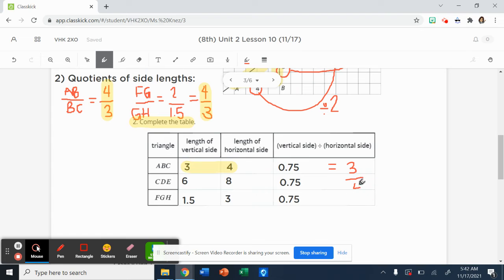The reciprocal is when we flip the numerator and the denominator of 4/3. 3/4, 4/3. It's just the reciprocal, which makes sense because we just divided in the other order, right? We divided length of vertical by length of horizontal, and up here in question 1, we were doing length of horizontal divided by length of vertical.